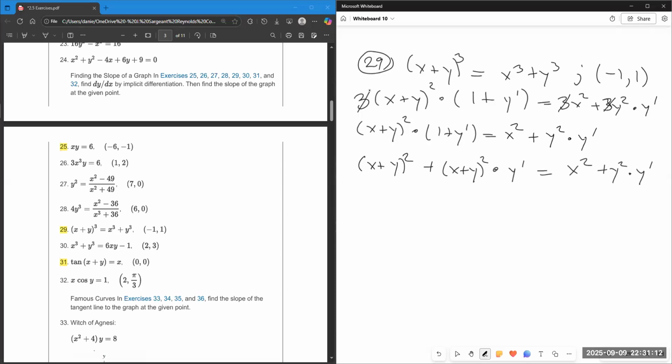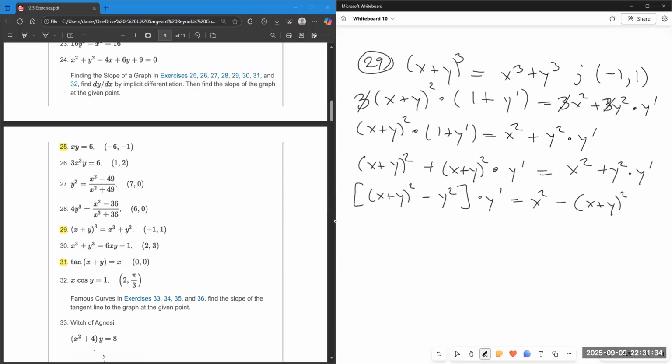So we'll bring our y prime terms to the left. x plus y quantity squared minus y squared times y prime is equal to x squared minus x plus y quantity squared.